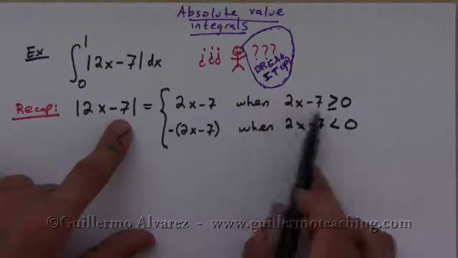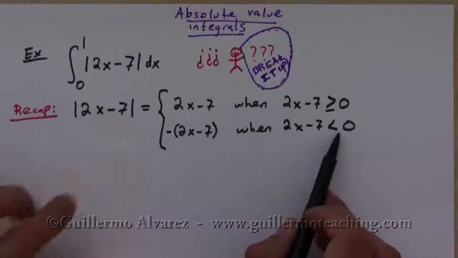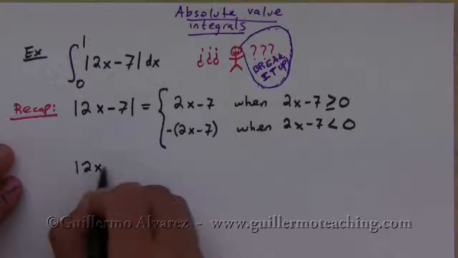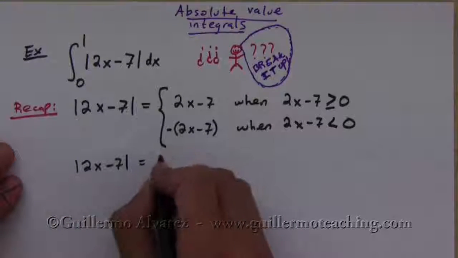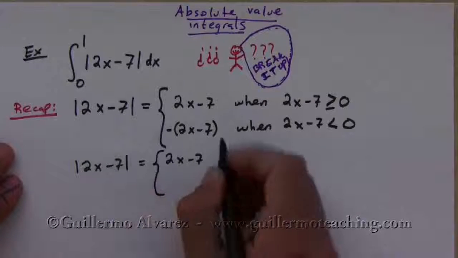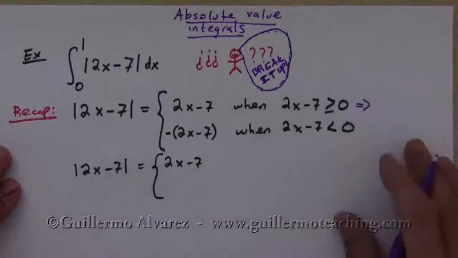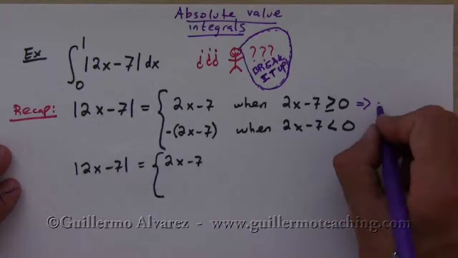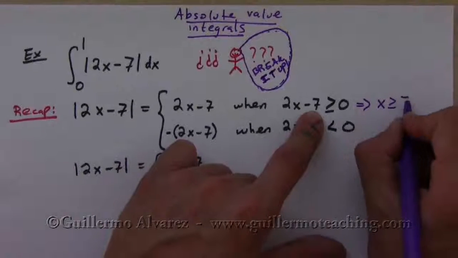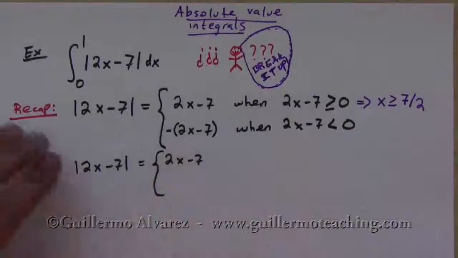But what we need to do is figure out where this is going to be positive and where it's going to be negative. Okay, so this is the definition of the absolute value, right? So this is equal to 2x minus 7 when, let's solve this, x is greater than or equal to, if we bring the 7 over, positive 7, and then divide by 2.